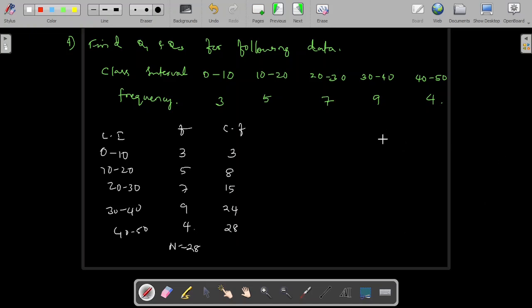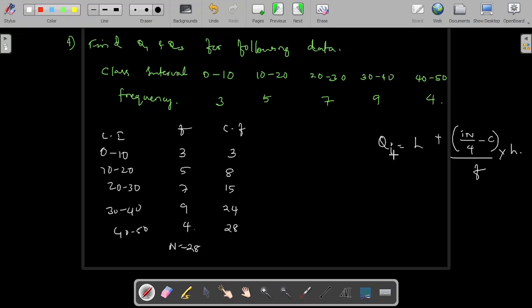We have the formula Qi equal to L plus (i N divided by 4 minus C) divided by F into H. We need the quartile class now to get the lower limit of the quartile class. So how do we calculate the quartile class? We need the first quartile class, second quartile class and third quartile class.